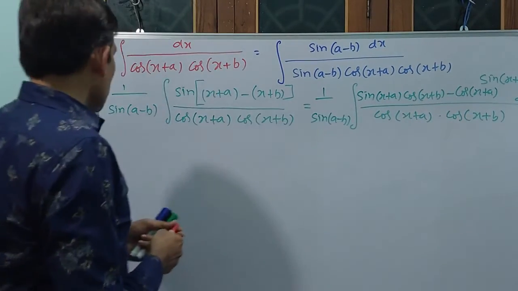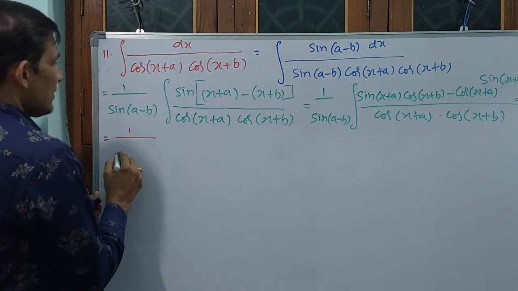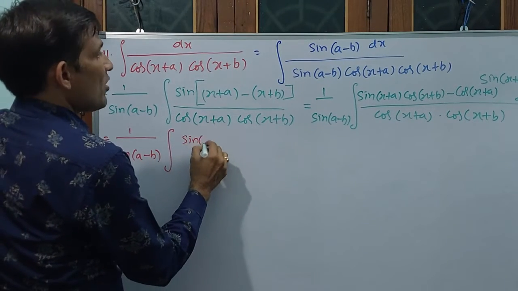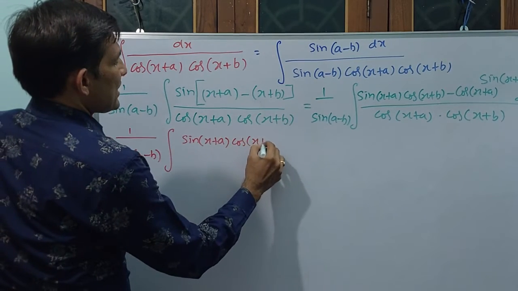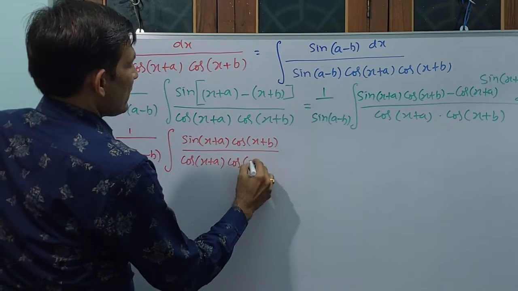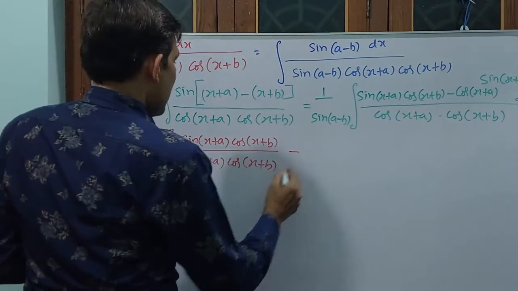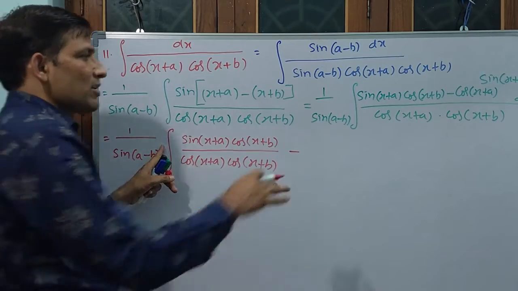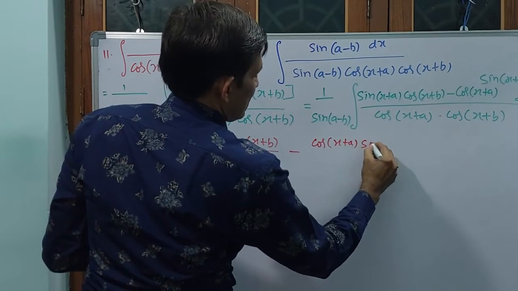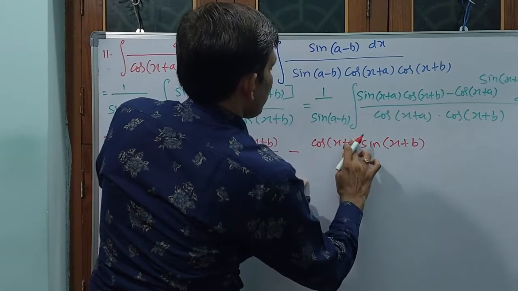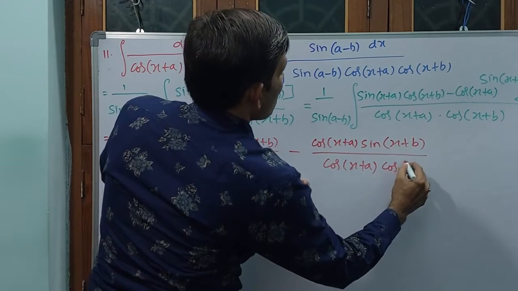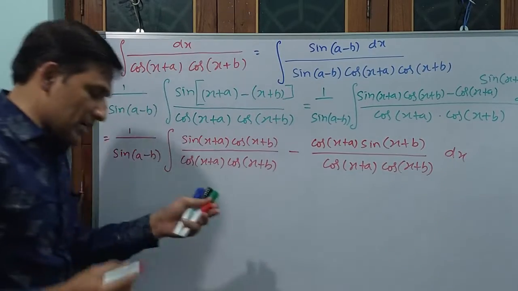See what I am writing: that is equal to 1 by sin of a minus b integral sin of x plus a cos of x plus b divided by cos of x plus a cos of x plus b, minus, cos of x plus a sin of x plus b divided by cos of x plus a cos of x plus b, finally dx I am writing. You understand this concept?